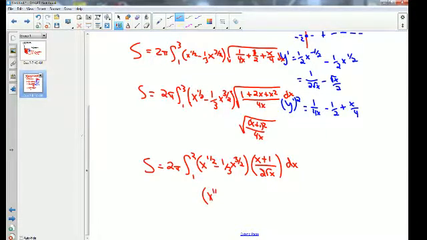So x divided by 2 root x, x to the 1/2 over 2 plus x to the negative 1/2 over 2.